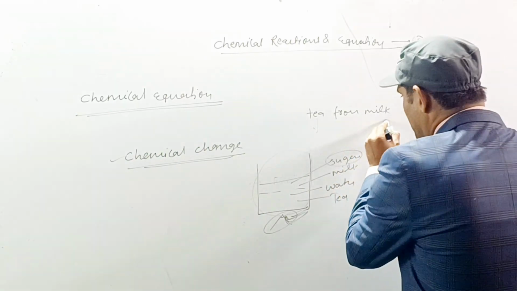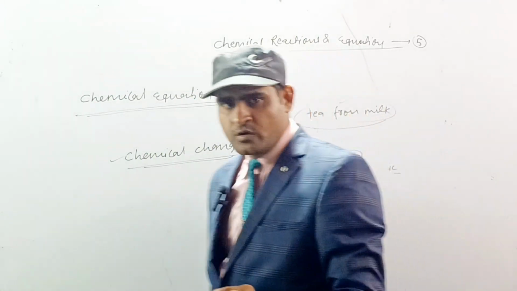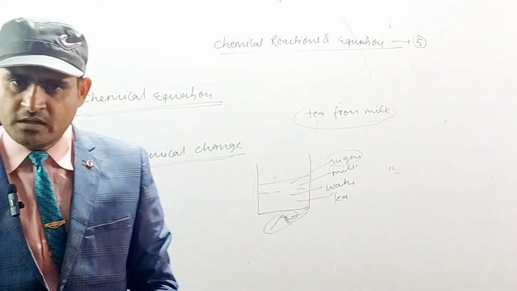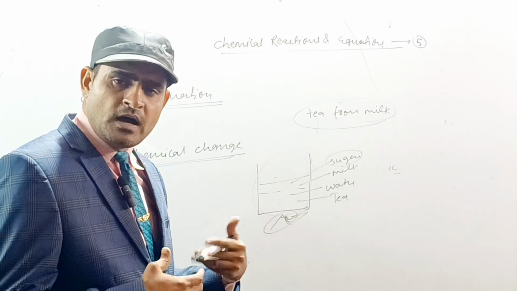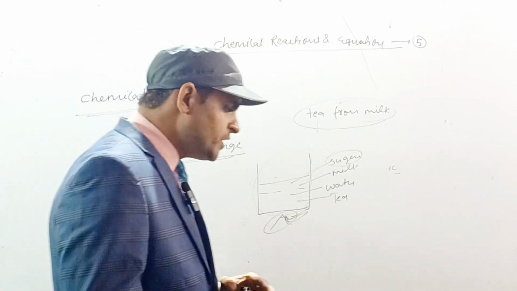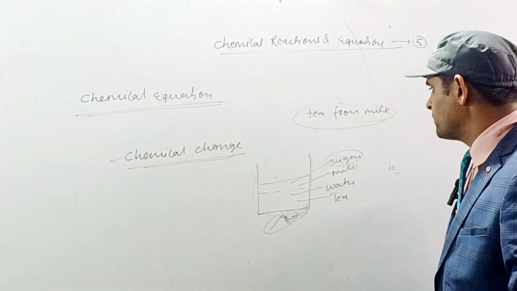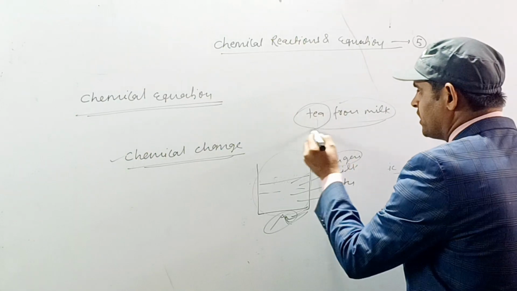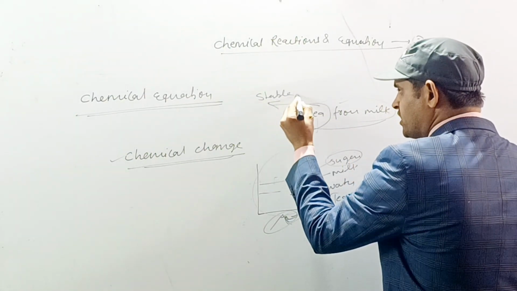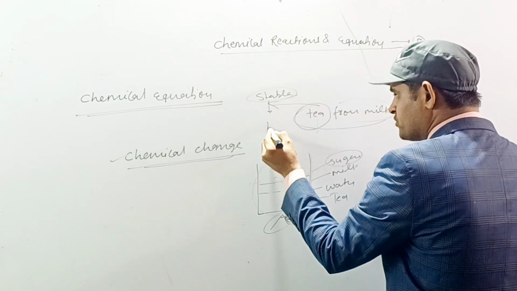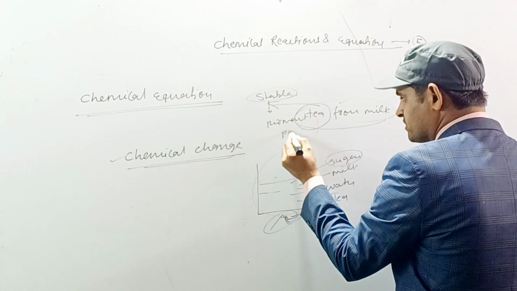Can you get milk back from the tea? Your answer: we can't get milk from the tea because the tea is a stable, permanent product.